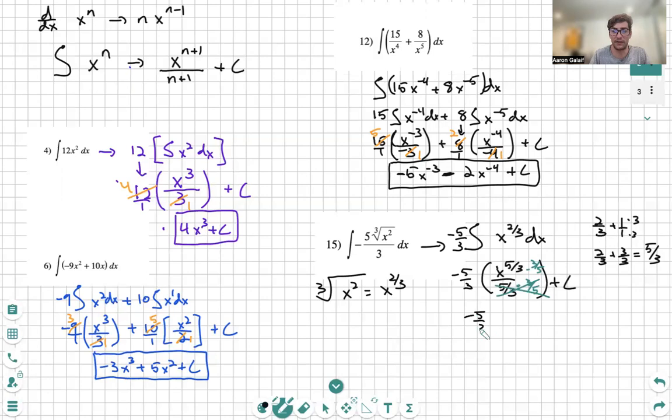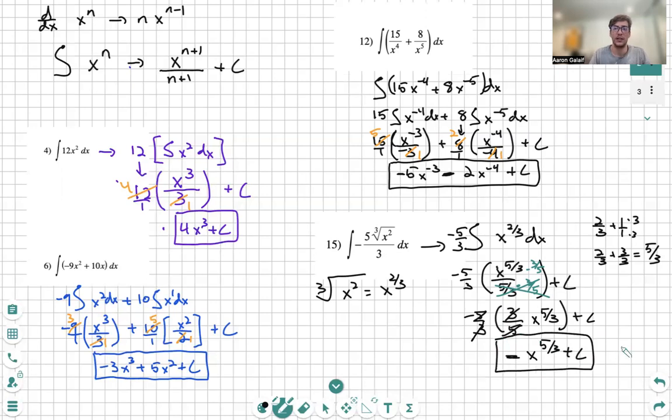We'll have -5/3 times positive 3/5. That's me mistaking a dot for a negative sign. Positive 3/5 x to the 5/3 plus c. As we can see, these will cancel. We have negative x to the 5/3 plus c as our final answer after integrating.